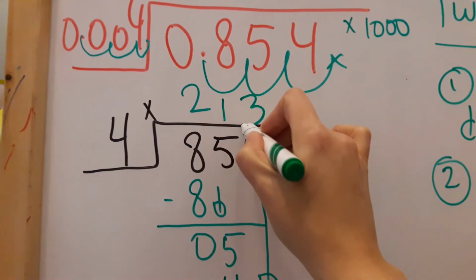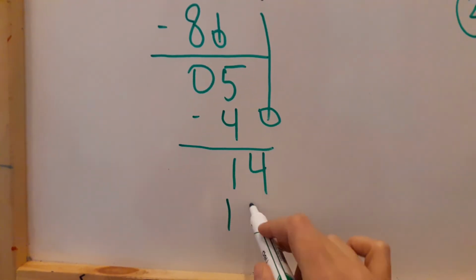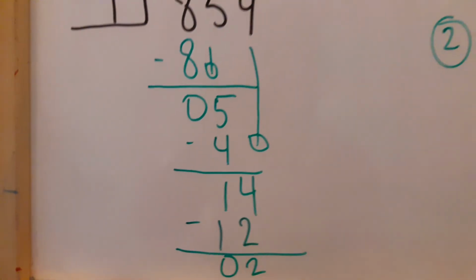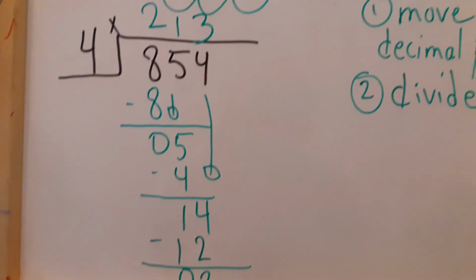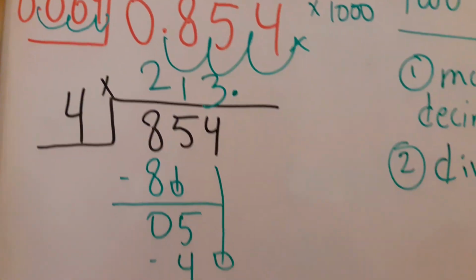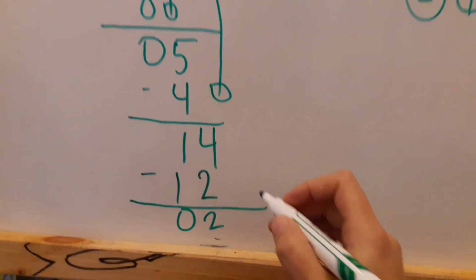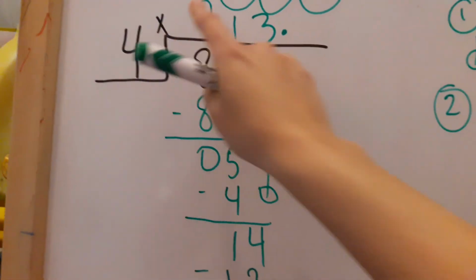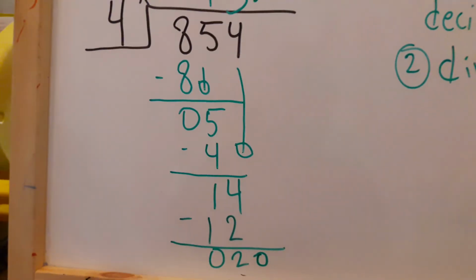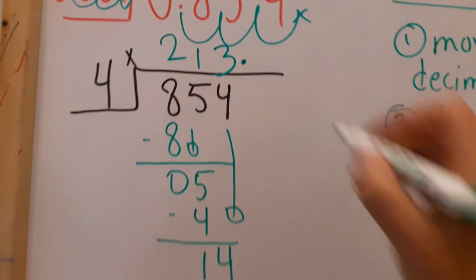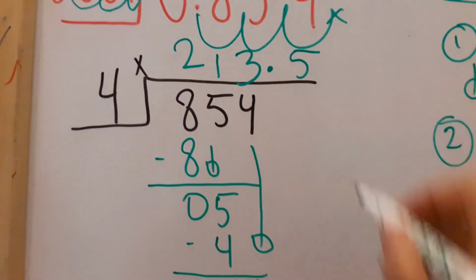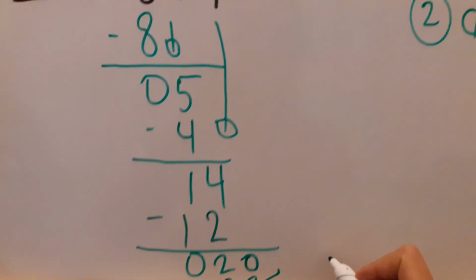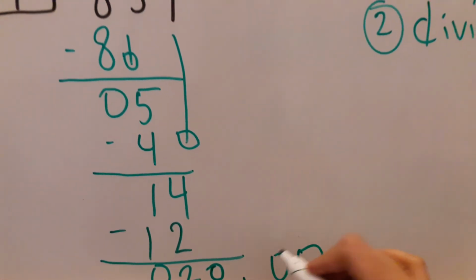Times 3. It gives me 12. We subtract, this is 2, 0. Now, put a decimal point, and next to the 2 is 0. 4 times what gives me 20, or a number closer to 20? Times 5. So this is 20, and over here 0, 0.